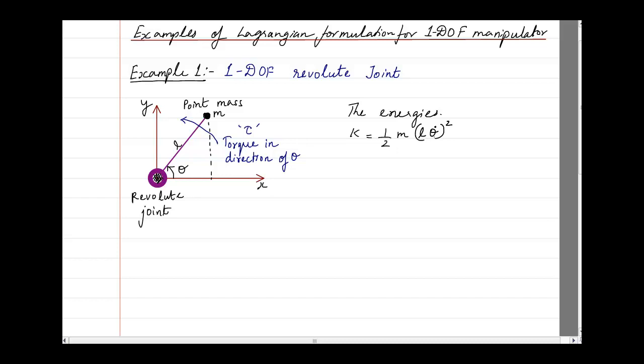So why are we writing the velocity this way? If the mass is here, near the center, then the arc through which it moves is going to be L theta.